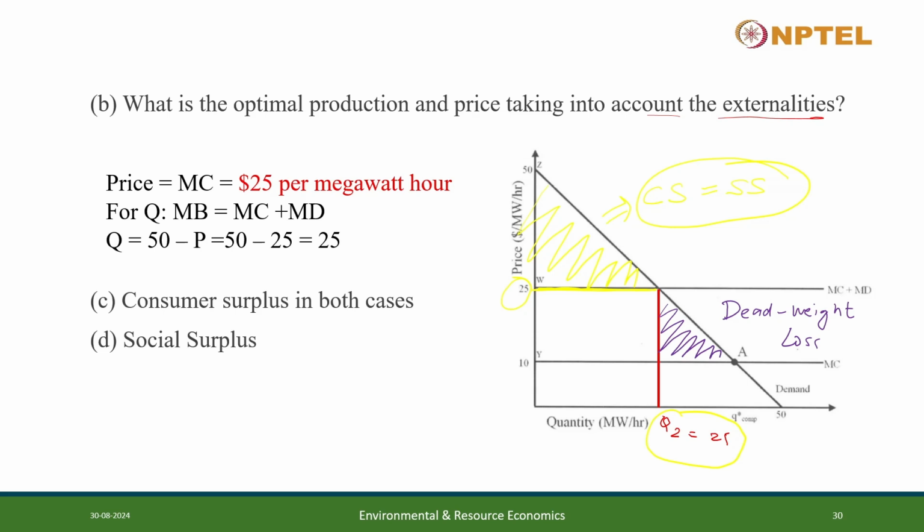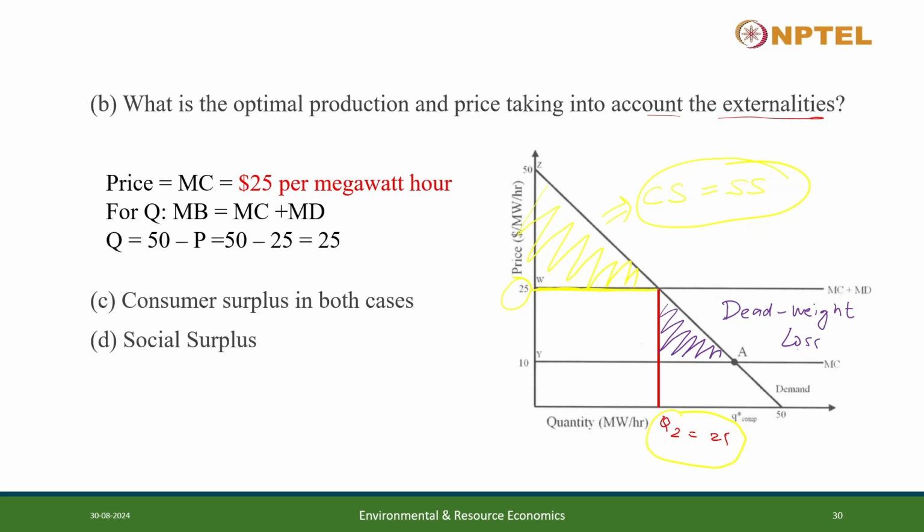If the externalities are not included, then the society has to pay a higher level. So this sum of value can be known as deadweight loss.